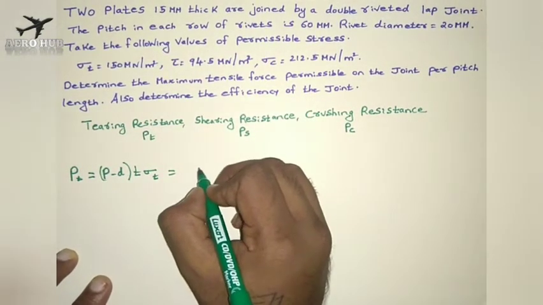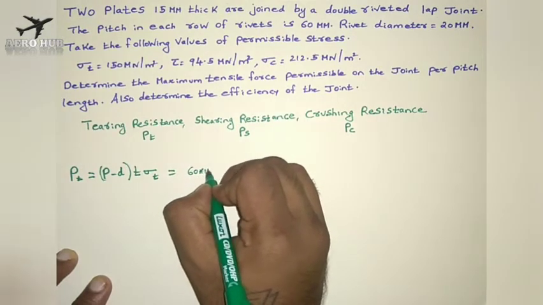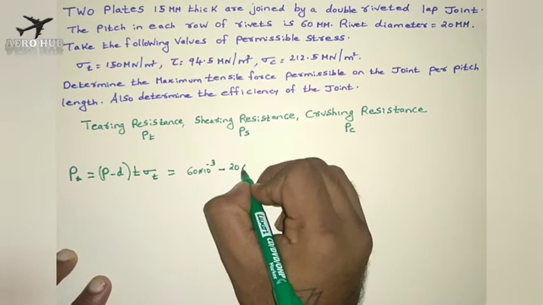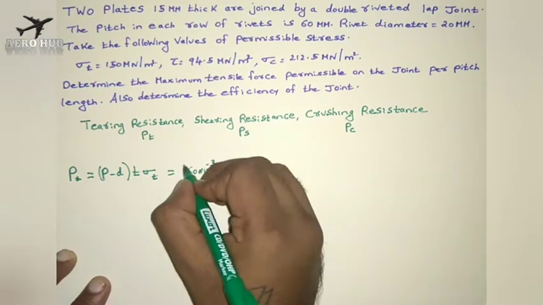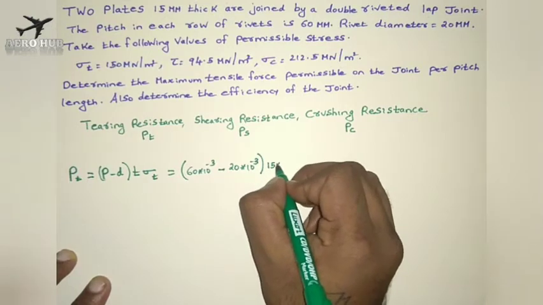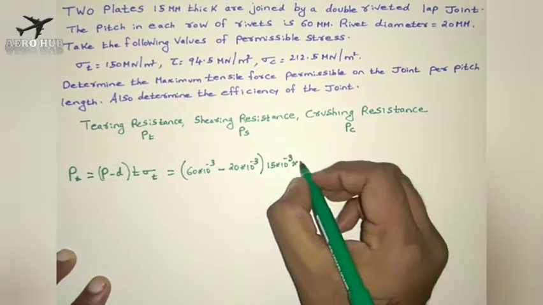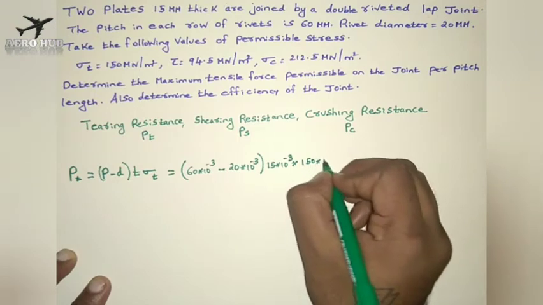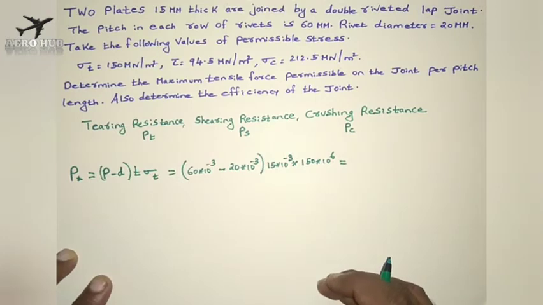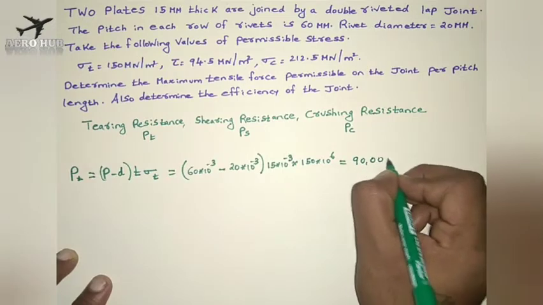So PT is (60 into 10 power minus 3 minus 20 into 10 power minus 3) meter into the thickness 15 into 10 power minus 3, multiplied by the safe tensile stress, 150 into 10 power 6. So you will get the value of tearing resistance, which is 90,000 Newton.